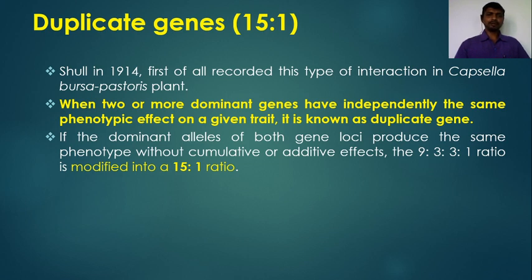In the case of duplicate genes, when any one dominant gene is present in an individual, it produces the same phenotypic effect on a given trait.